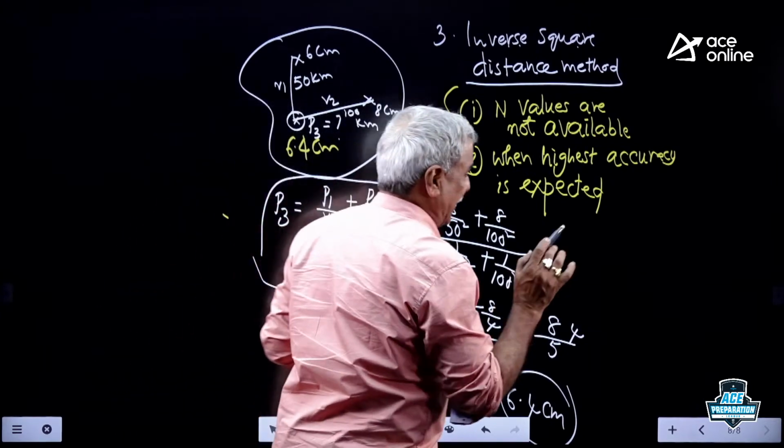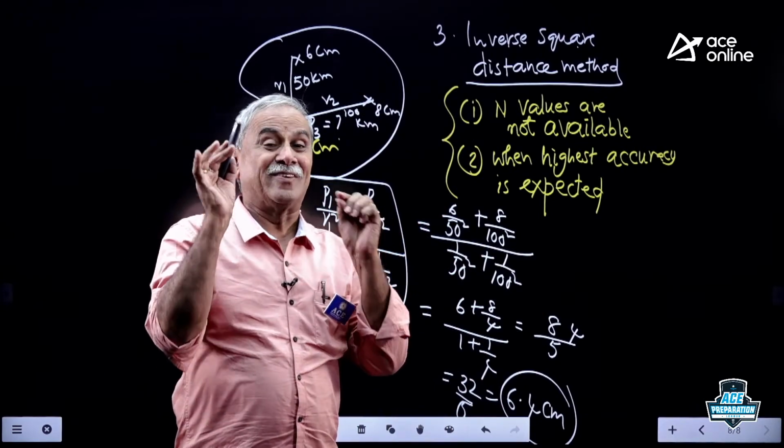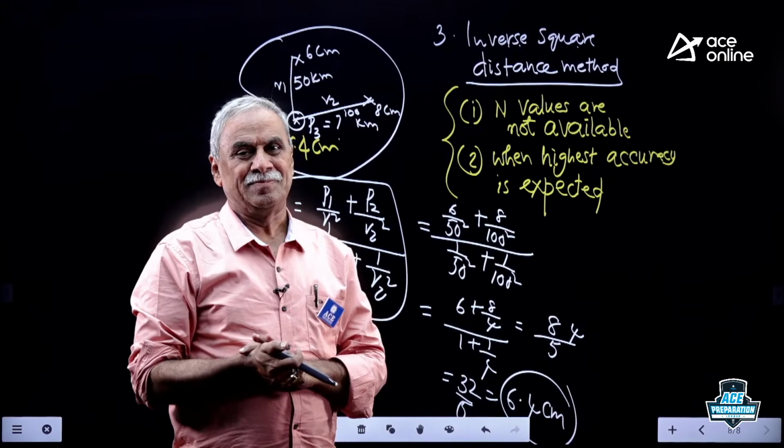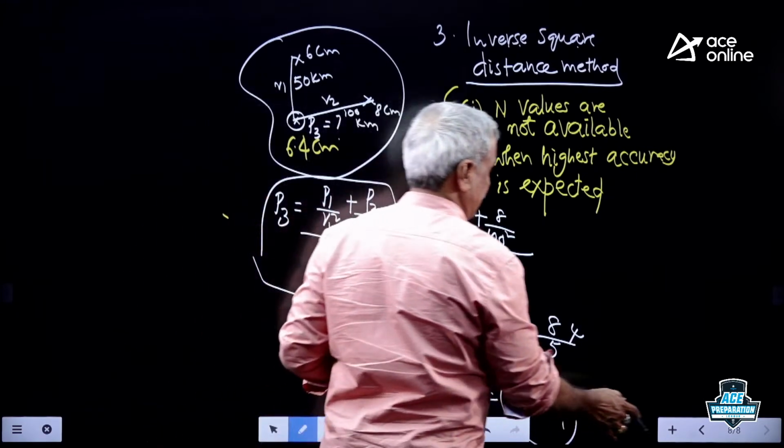One more important topic in the chapter of precipitation, what I feel, is the frequency distribution of the rainfall.